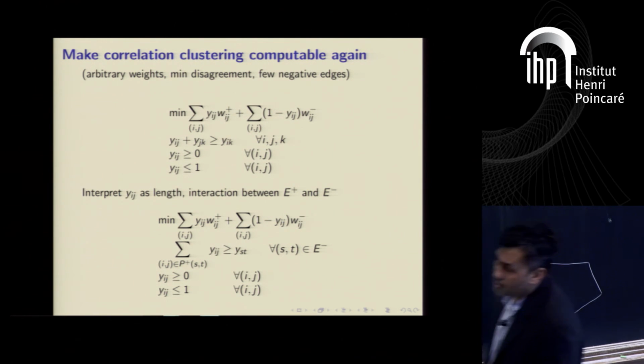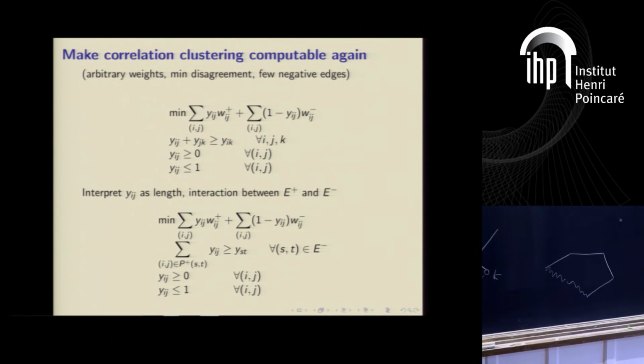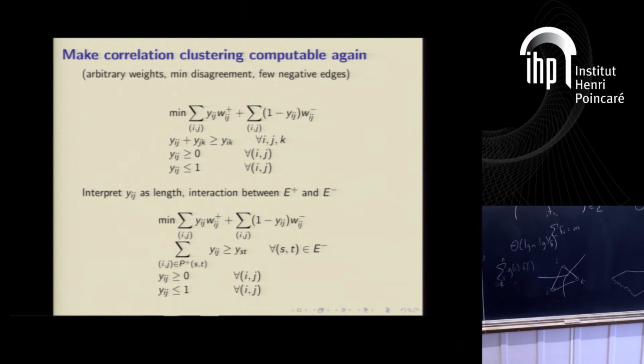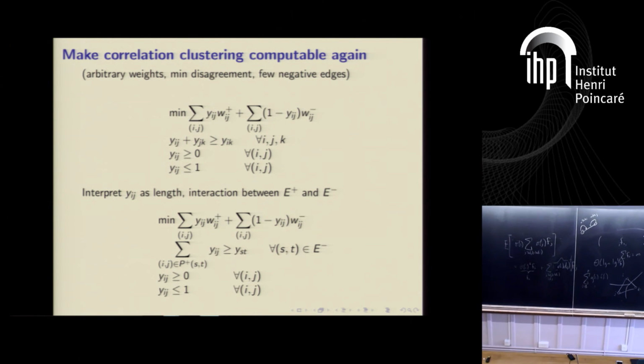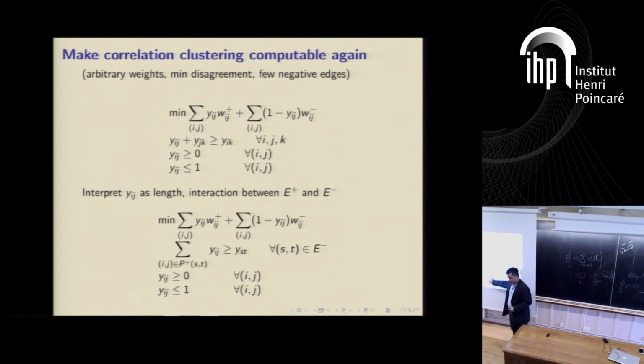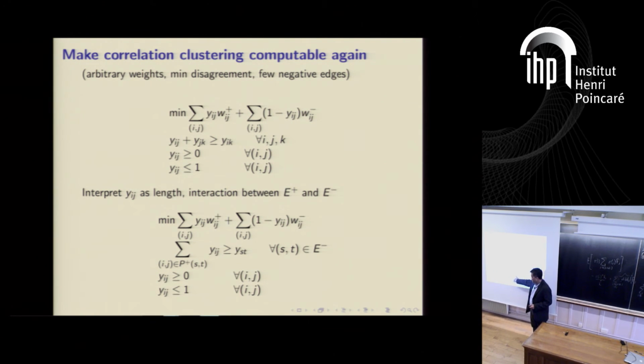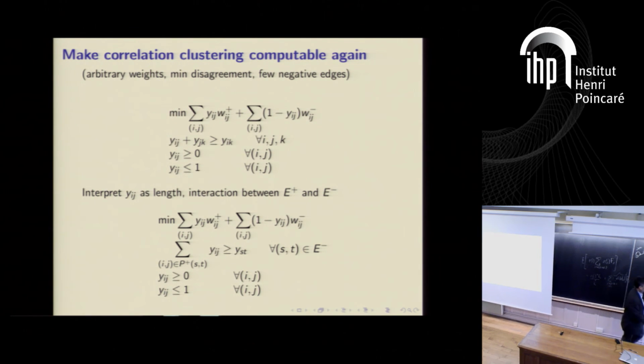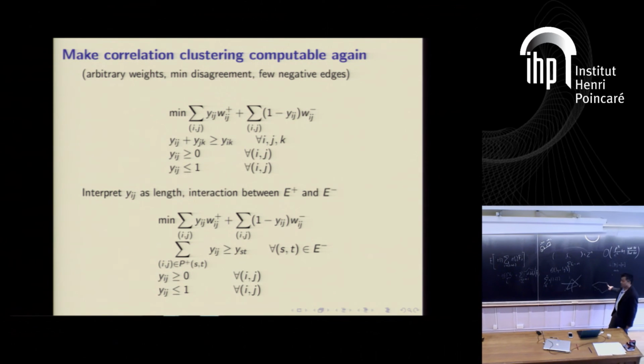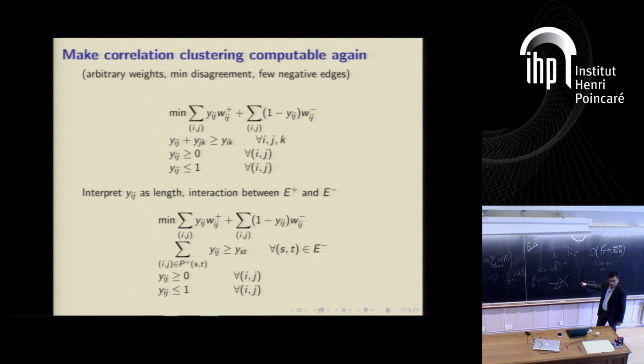All we would say is take any path from S to T over the positive edges. If you have cut the negative edge, if y_ST is 1, then over the path of the positive edges, you must have cut. If this is 1, you must have cut an edge somewhere here. It's a generalization of the triangle to larger cycles, actually.